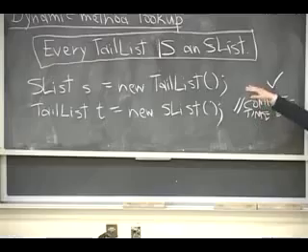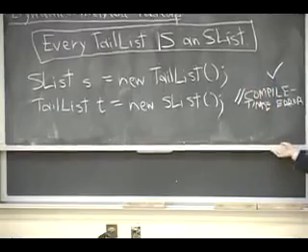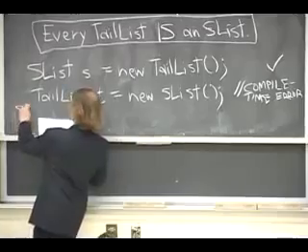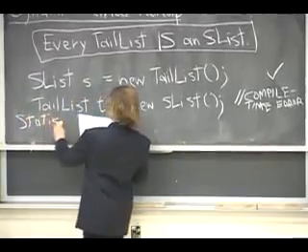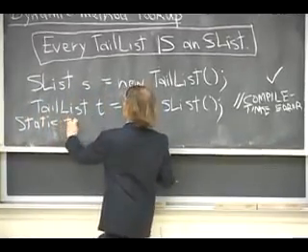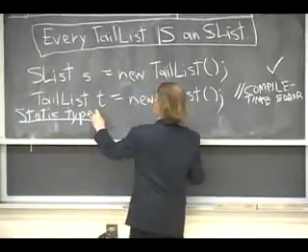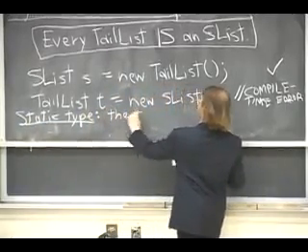Now, coming back to the first line, this is interesting enough that it's going to inspire some new jargon. Memorize these two definitions. The static type of a variable is just the type that you assign when you declare it.